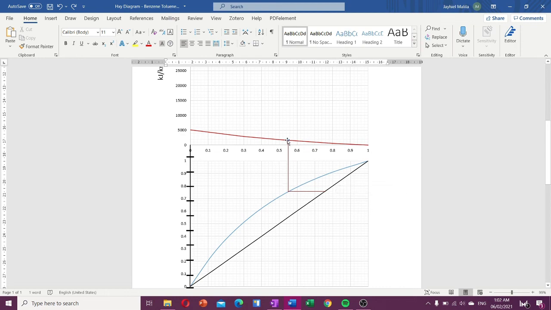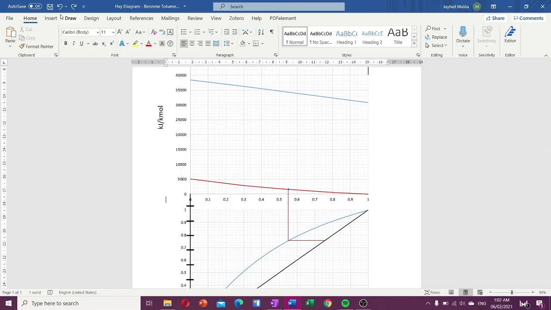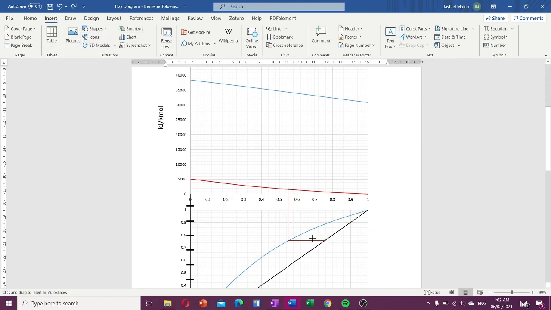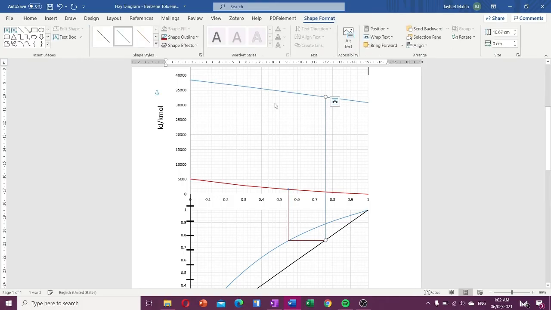After I make the vertical and horizontal lines, I will extend another vertical line from the 45-degree line over here, up to the point where I can touch the HY diagram, or the blue line.